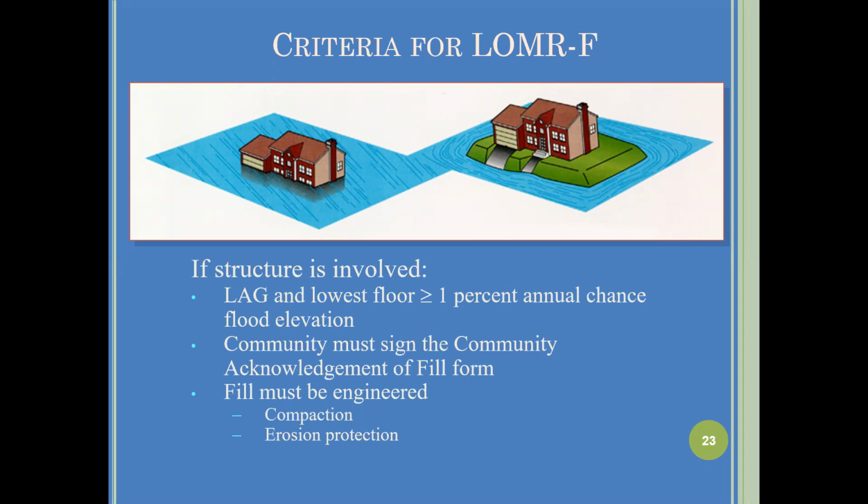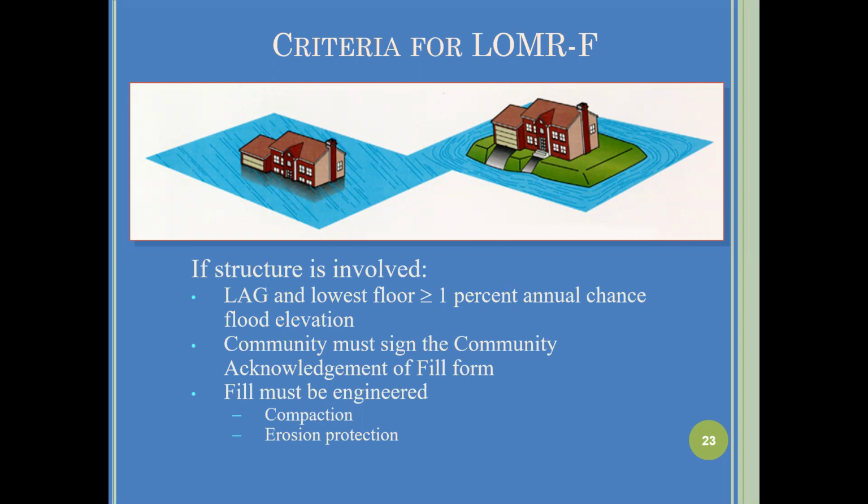But the reason the mapping isn't revised is because the hydraulic study hasn't been done. So you've raised your site above the base flood elevation, but no one's done a revised hydraulic study that confirms upstream, downstream at the location what the mapping now looks like.